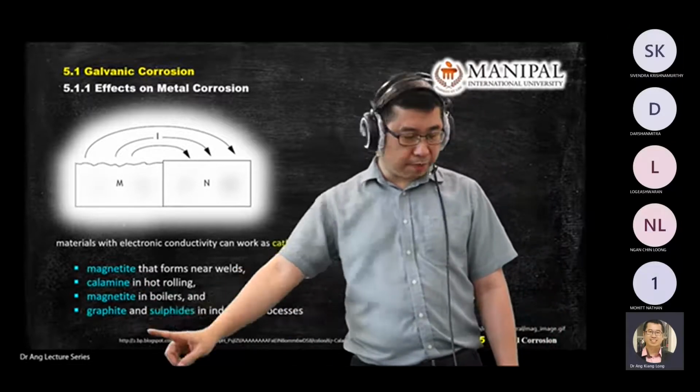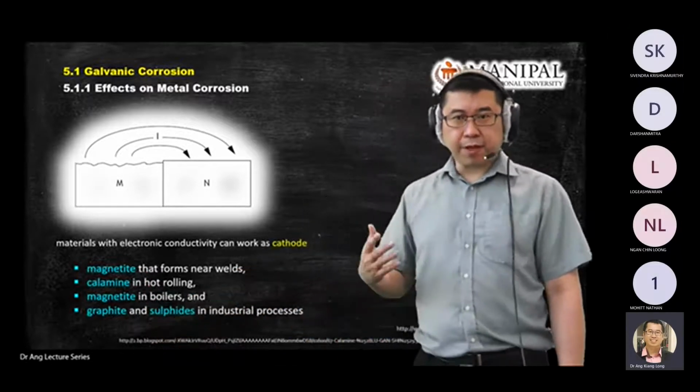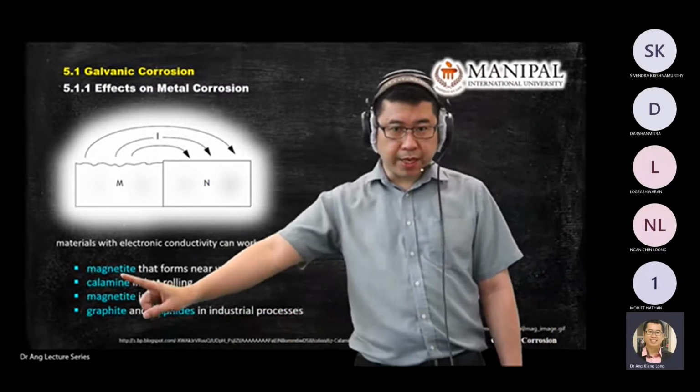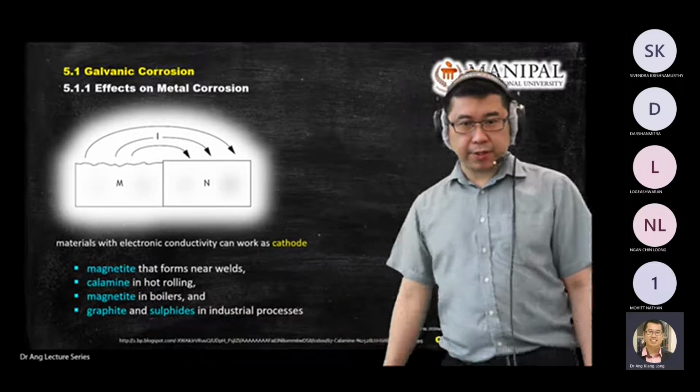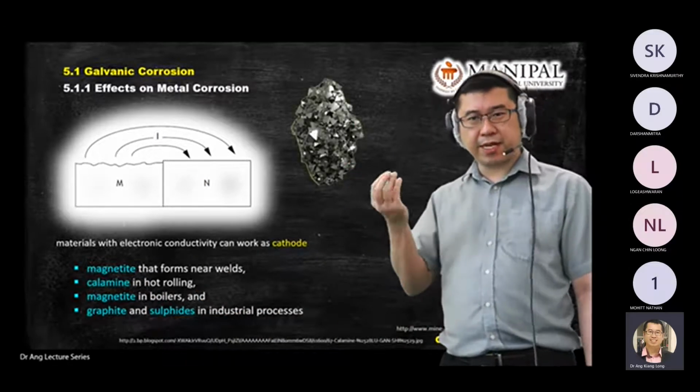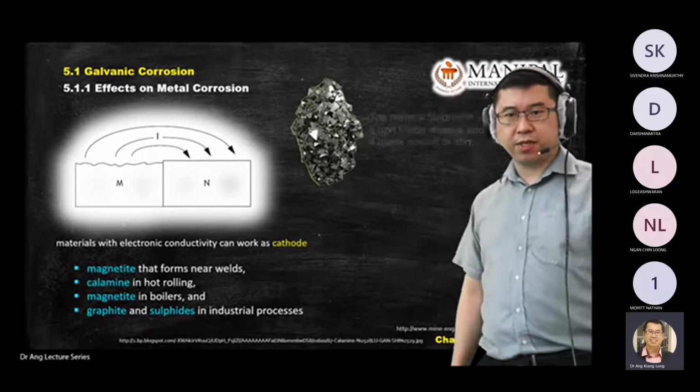These are technical names that maybe some of us are not exposed to: magnetite and calamite. So what is magnetite? It's like a stone or crystal structure.